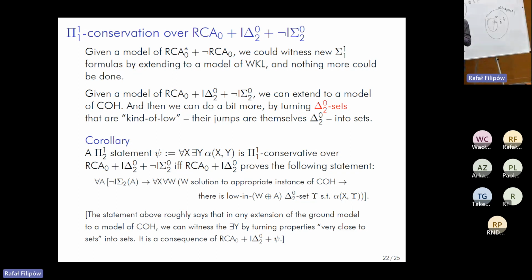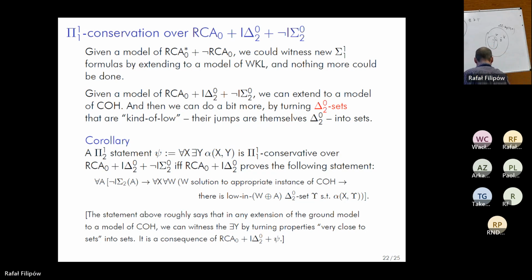So you're allowed to add those guys to the set theoretic universe. You're allowed to say these guys are sets as well. They're sort of safe to add. And you can't do anything more. This is all that you can do to satisfy sigma 1 sentences in models, if you start with a model of delta 2 but not sigma 2 induction.